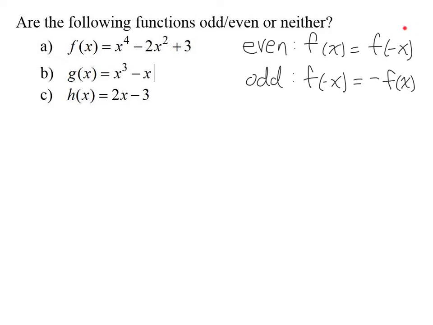If you substitute a negative x in for x into the function and you get the same thing, then the function is even. An odd function is when f of negative x equals negative f of x. And with that, you can just usually distribute a negative to everything to see if there's an equality here.